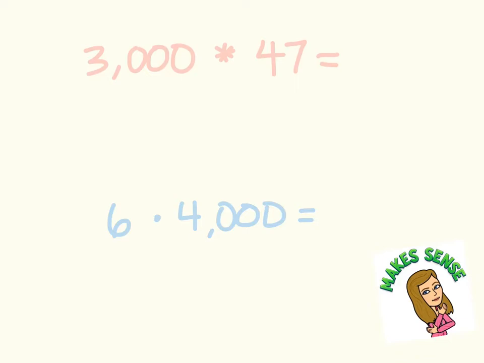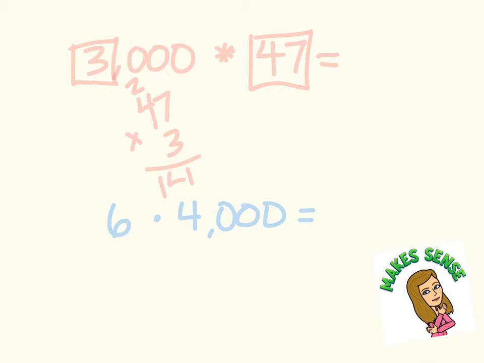Now on this slide, we see some more examples where it's like, oh, this looks scary, but it's actually quite simple. So 3,000 times 47. I'll box out those numbers that are not zeros first. So 3 and 47. I start by solving that first. 47 times 3. 3 times 7 is 21. 3 times 4 is 12.